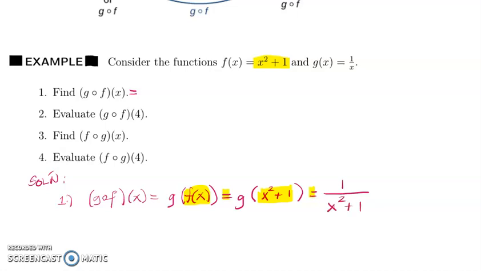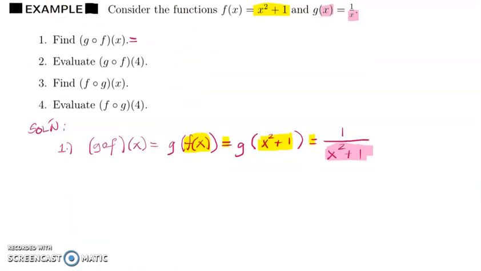Let me repeat: we need to replace the x by x squared plus 1. All x will be replaced by x squared plus 1. So that is now our g of f of x.